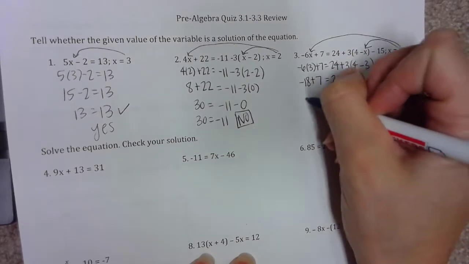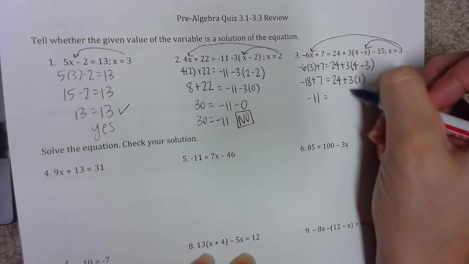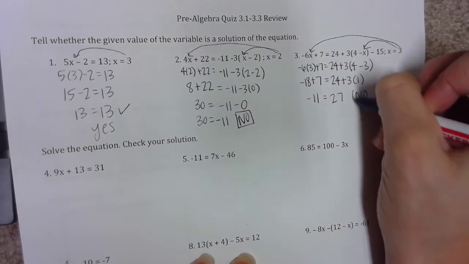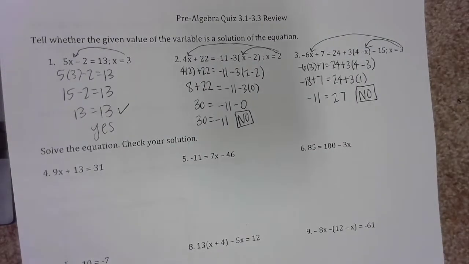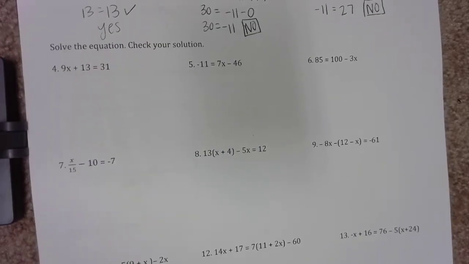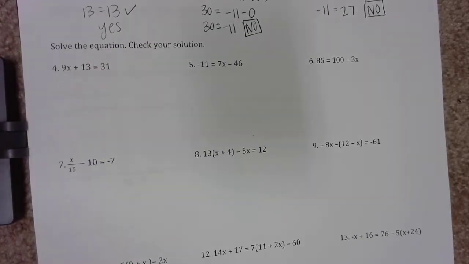So if we add those, that's negative 11 equals 24 plus 3, that will give you 27. So that's also no. Again, you can back up, restart, go slow through this video. And if you see you can, after one you see you can do it, then try the next one on your own before you watch the video.